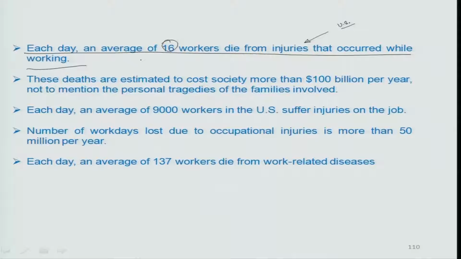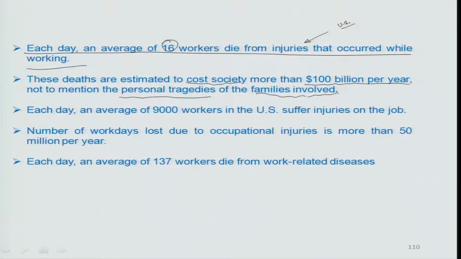If we look at these deaths and the cost impact on society, apart from the emotional value and the value related to the family support system, more than about $100 billion per year is spent on such personal tragedies related to workers dying at work. There are so many families involved.